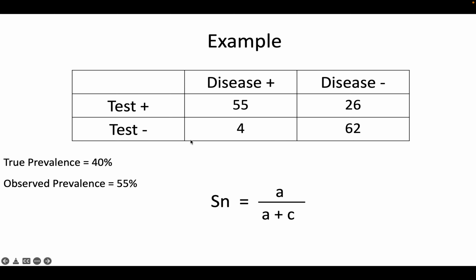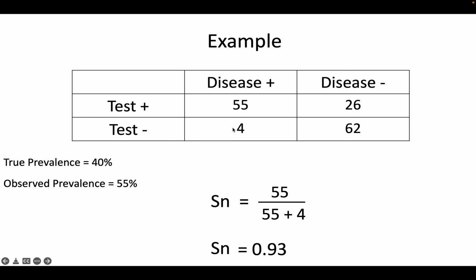But as far as quantifying in what way and to what extent our test is wrong, we can look at the sensitivity. So the proportion of disease positives that we were able to get with our test, A over A plus C, and that comes out to pretty good sensitivity. We have 93% sensitivity.